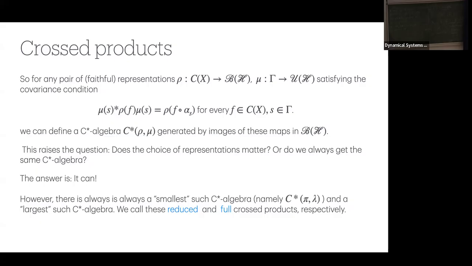That turns out to be true. So this makes sense. But this is something you see actually quite often in C-star algebra world, that if you have a star algebra and you want to complete it, there might be more than one way. So we denote the reduced with this little r and the full with this little f.